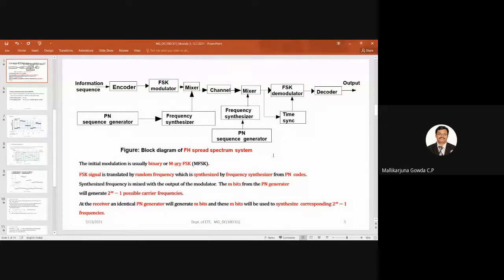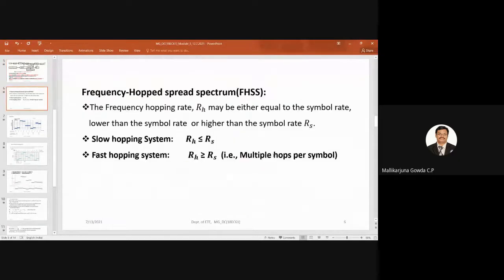Okay. So I said here, based on the hopping rate, we classify the frequency hopped spread spectrum as a slow hopping system and a fast hopping system. In case of a slow hopping system, the hopping rate will be less than or equal to the symbol rate, where Rs is the symbol rate. Hopping rate less than or equal to the symbol rate means what?